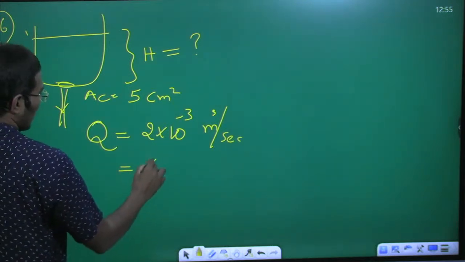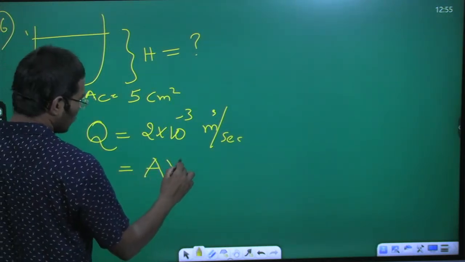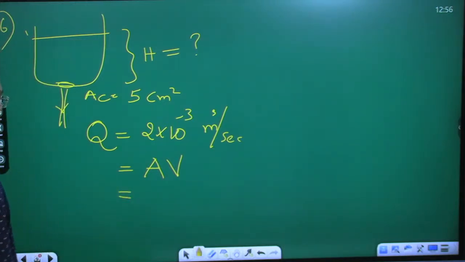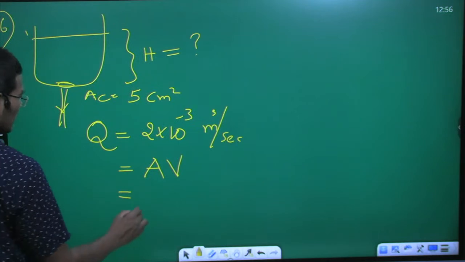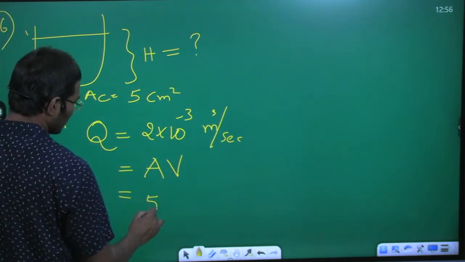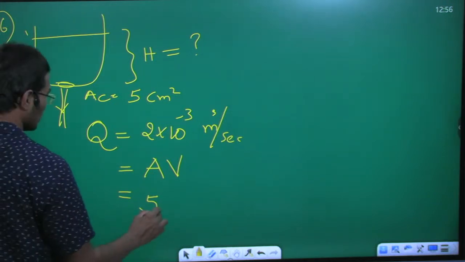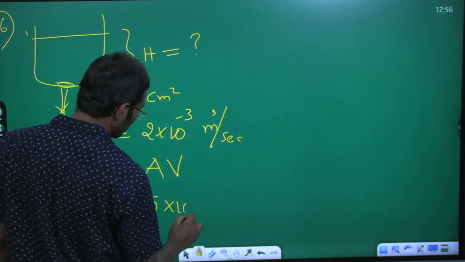See, we can write flow rate as area into velocity, where cross section area is 5. Let us convert it into meters, 10 power minus 4.